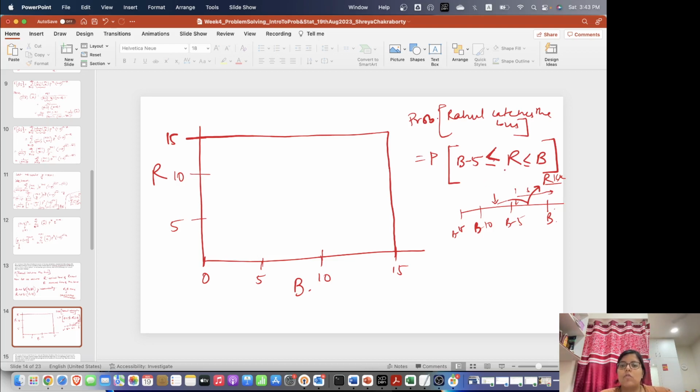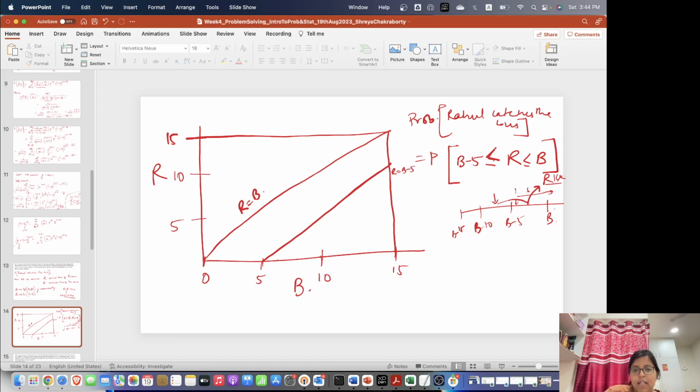Now, if we plot this entire area, this is our total outcome space. The line here represents R equal to B, and this line represents R equal to B minus 5.